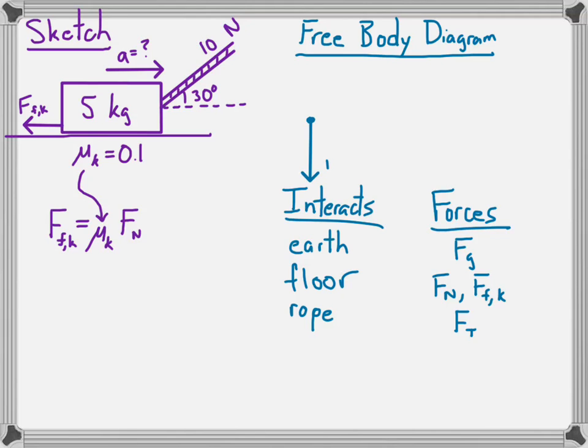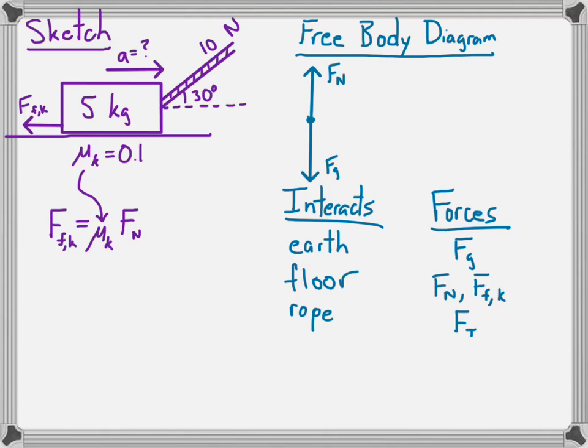So let's draw a dot to represent the object, the 5 kilogram block. And we know that gravitational force points downward. Normal force, on the other hand, points perpendicular to the surface. We have a horizontal floor, so the normal force will point upward.